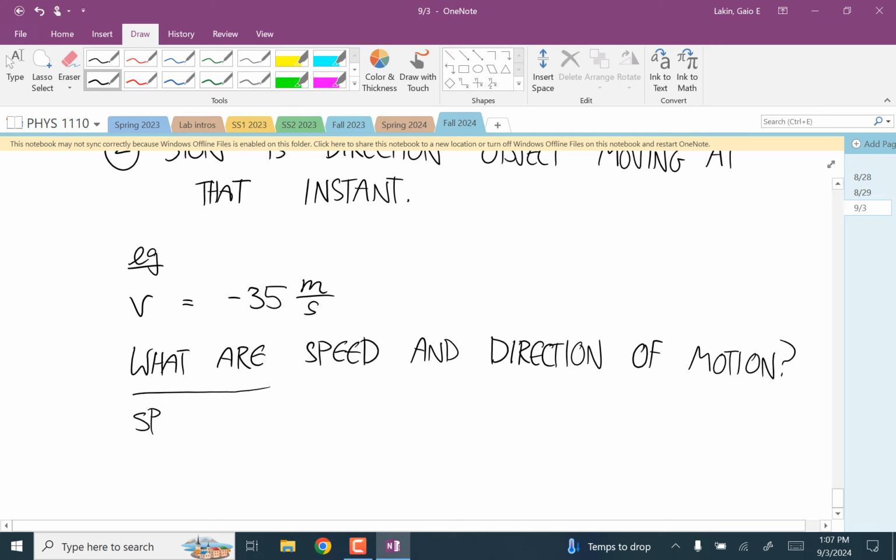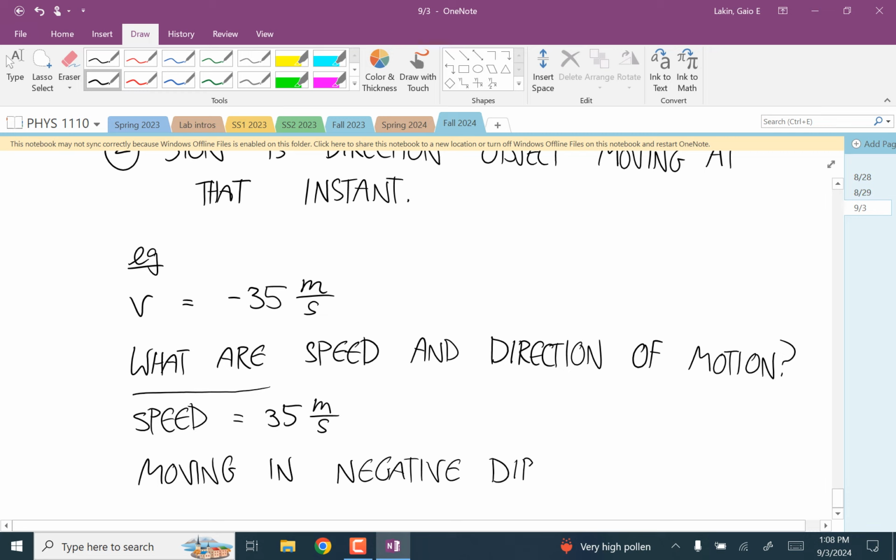The speed is just the absolute value, so that's equal to 35 meters per second. And it's moving in the negative direction.